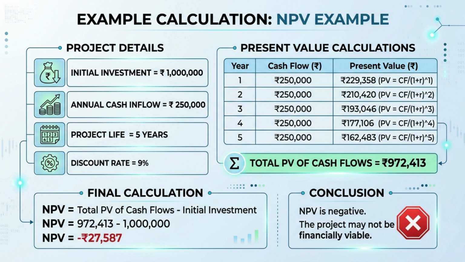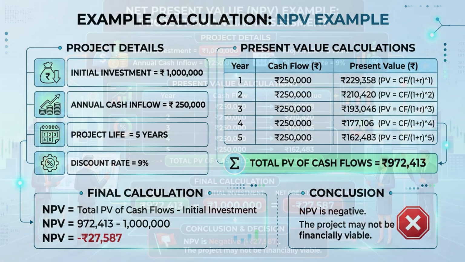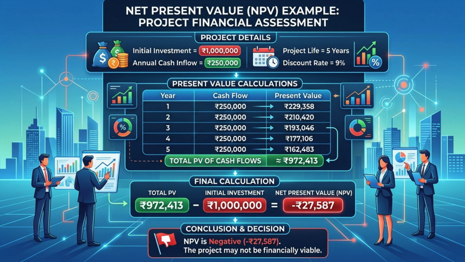First, we calculate the present value of each year's cash flow by discounting them using the formula. After calculating all present values, we add them together. The total present value of cash inflows comes to 9,72,413 rupees. Now we subtract the initial investment from the total present value.